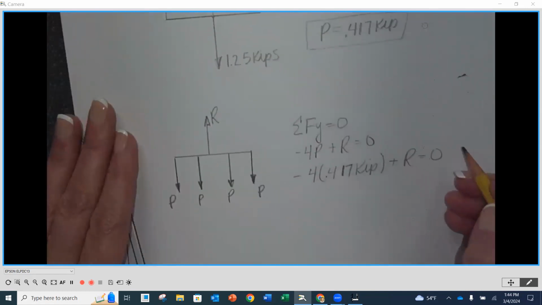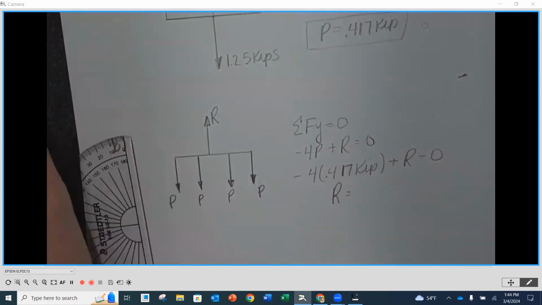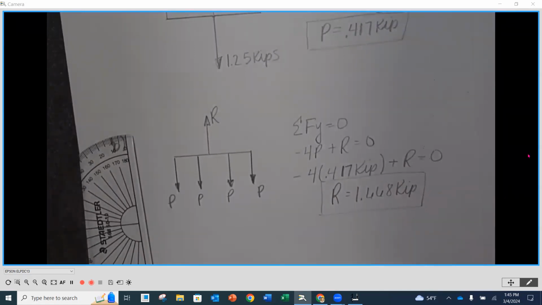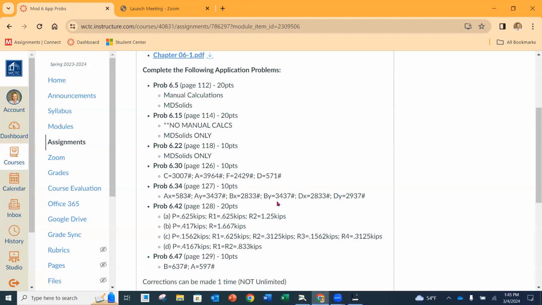Move that to the other side, and my reaction at my support here, let me check my answer.